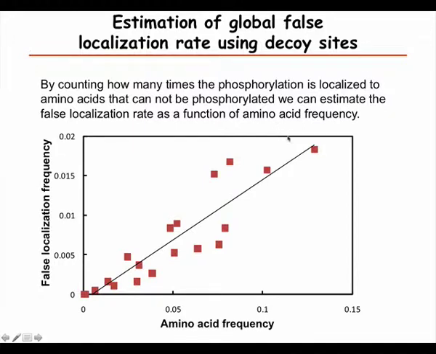These are all the amino acids, showing their amino acid frequency. And of course, most of these cannot be phosphorylated, like glycine or arginine and so on. So for these we can calculate the false discovery frequency that we see here. And not surprisingly, it's proportional to the amino acid frequency.